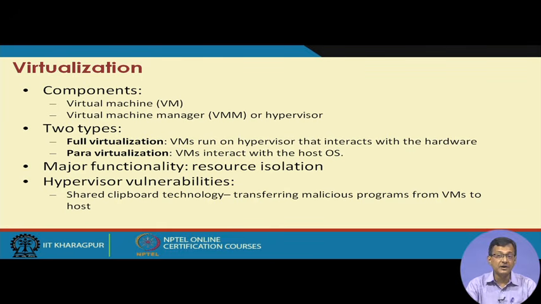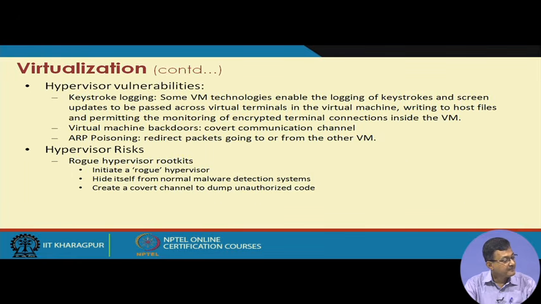Now, if there is a hypervisor vulnerability, that will crop in and put the whole system in trouble. For example, shared clipboard technology can transfer malicious programs from VMs to the host. Another hypervisor vulnerability is keystroke logging: some VM technologies enable logging of keystrokes and screen updates to be passed across virtual terminals in the virtual machine.